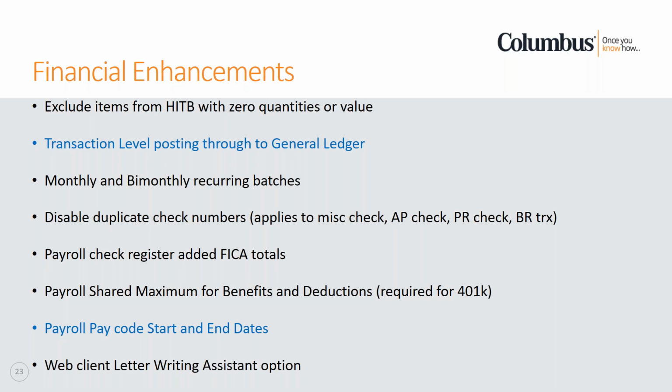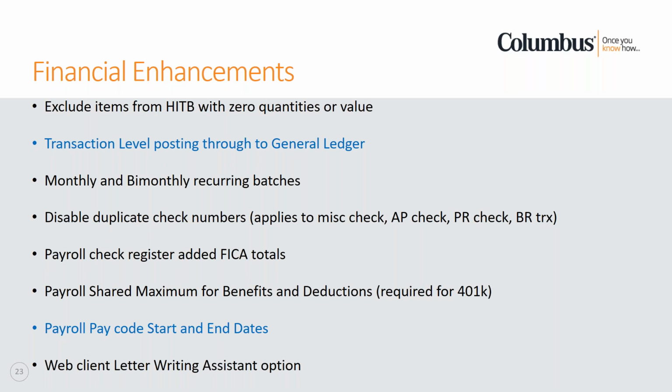We talked about the monthly and bi-monthly recurring batches that we can use the last date of the month to actually post those. So that we've already covered. We can disable duplicate check numbers. You might say, well, we can do that today.